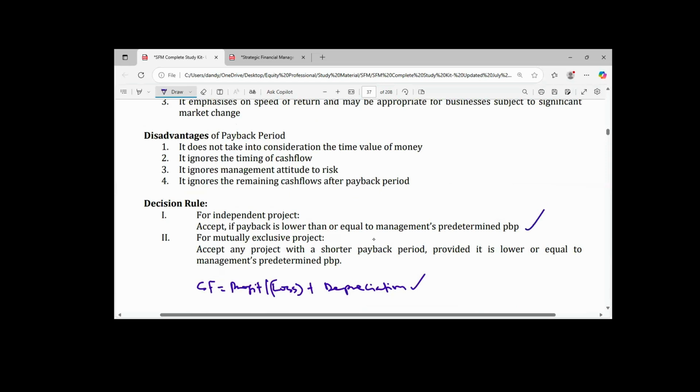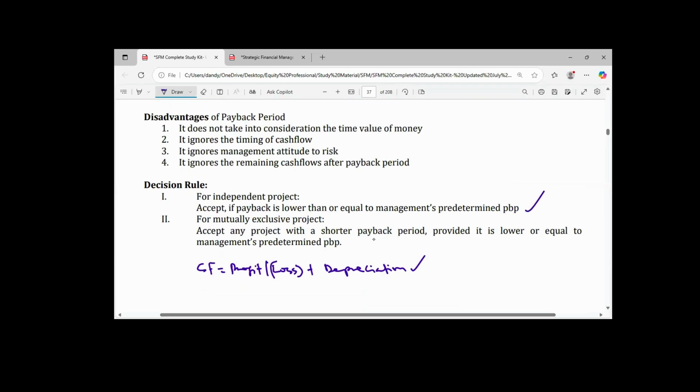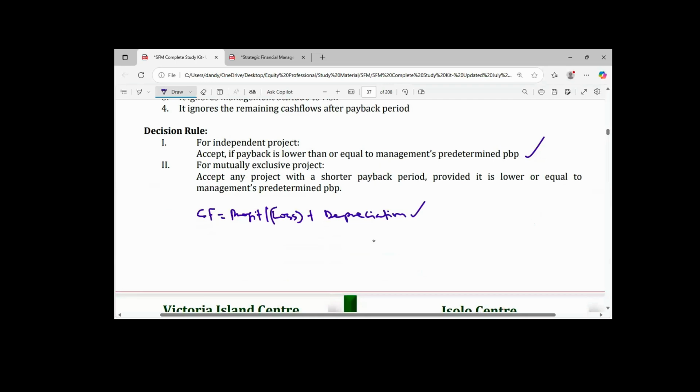For mutually exclusive projects, accept any project with a shorter payback period, provided it is shorter or equal to the management predetermined payback period. Say, for example, you have project A and project B, and you are told that project A and B are mutually exclusive. So let's say the payback period of project A is 2.5.